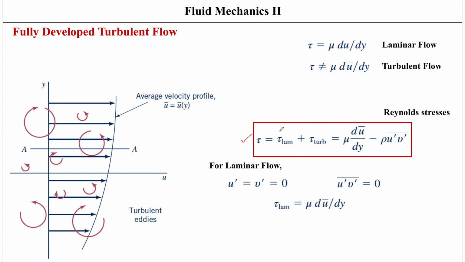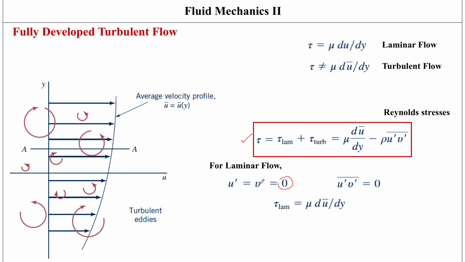The first is that you may think, could we use this equation for a laminar flow as well? Well, yes, we can, because the fluctuations for the x component or the y component of the velocity don't really occur in a laminar flow. That means they would be equal to 0 here.